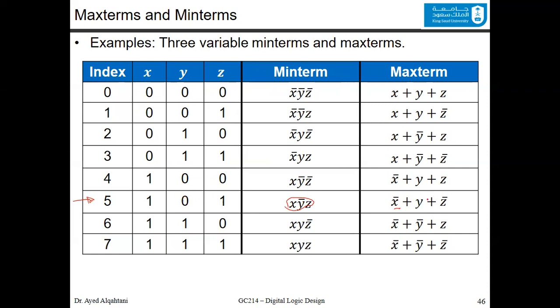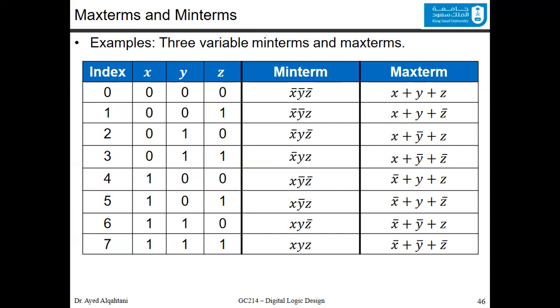If it is 0, then it's Y or Z bar. Again, same thing as we said before. You can apply De Morgan's law if you have the min term to get the max terms.